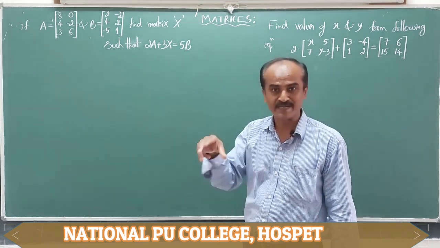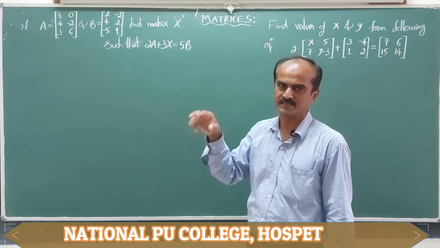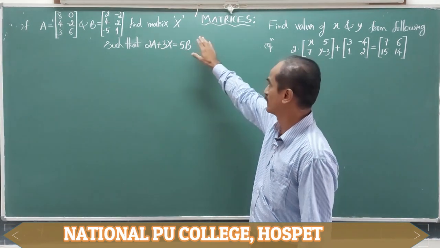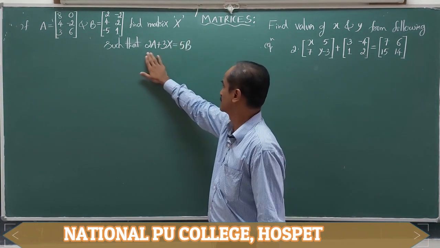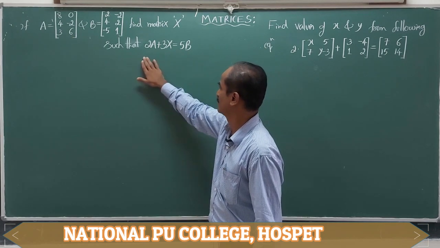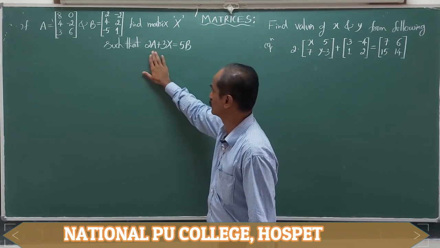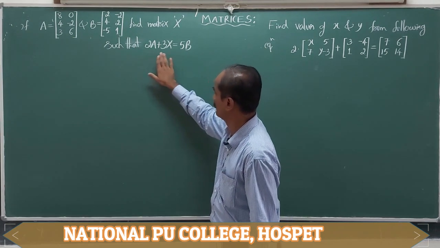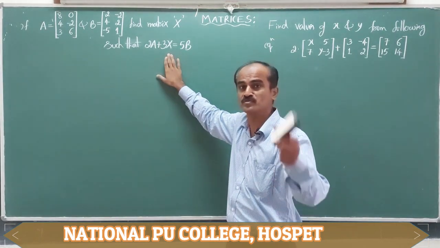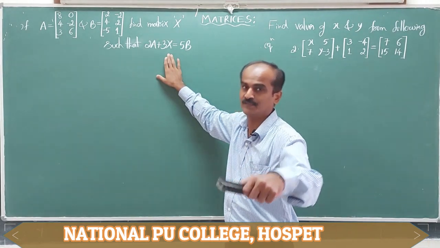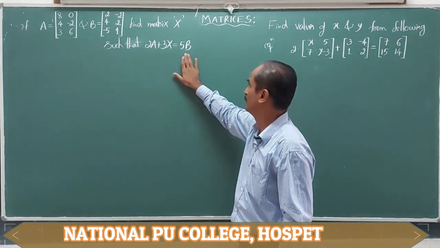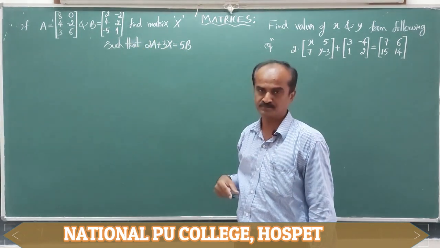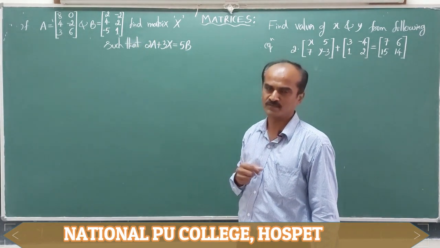This is a matrix because I have written capital X. It is required to find a matrix such that 2 times matrix A, when added to 3 times the unknown matrix X, the resulting sum should be 5 times matrix B.